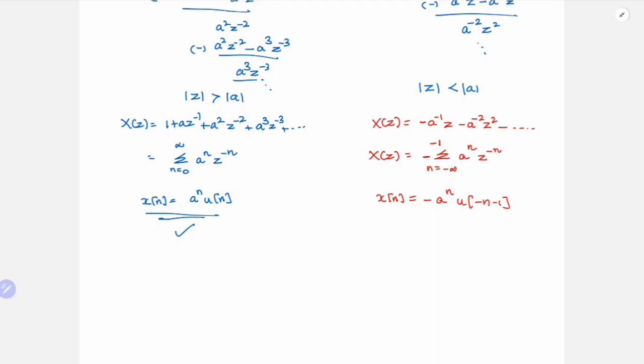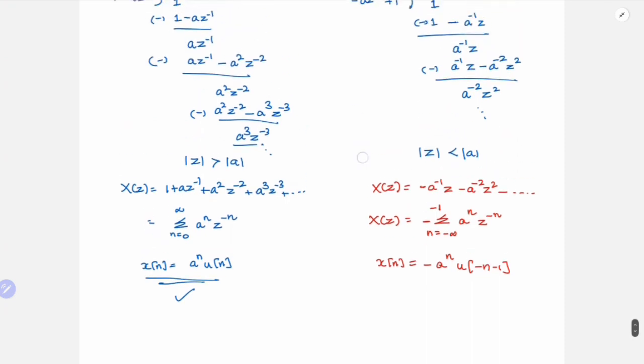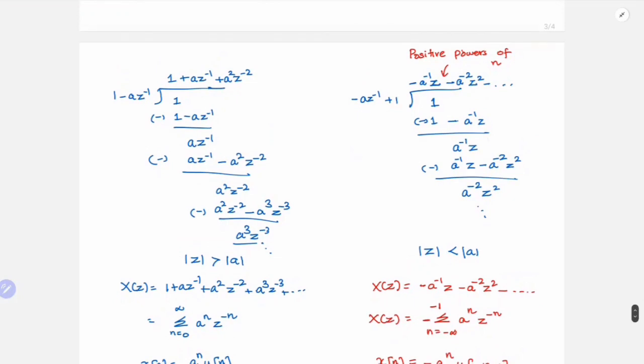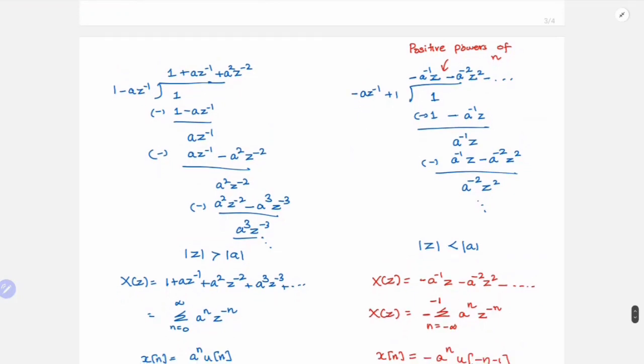And if mod z was less than mod a, if that was given as an ROC, your x of n will be this value. So even if you start with the wrong method, you should quickly realize when you are getting positive powers of z and negative powers of z. Negative powers of z means it is a right-sided signal sequence.